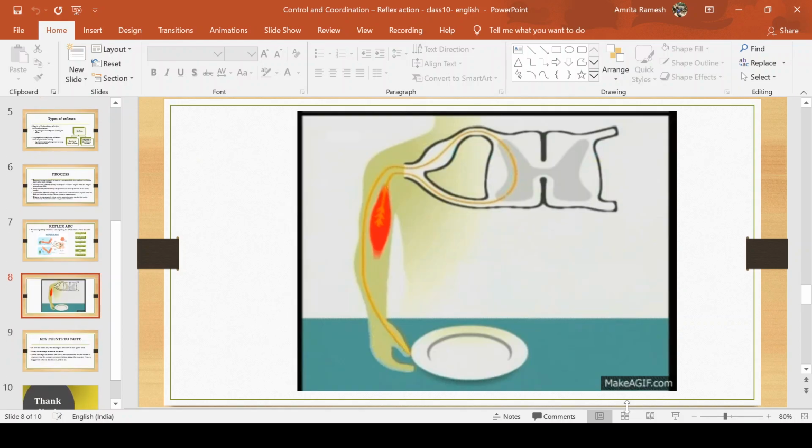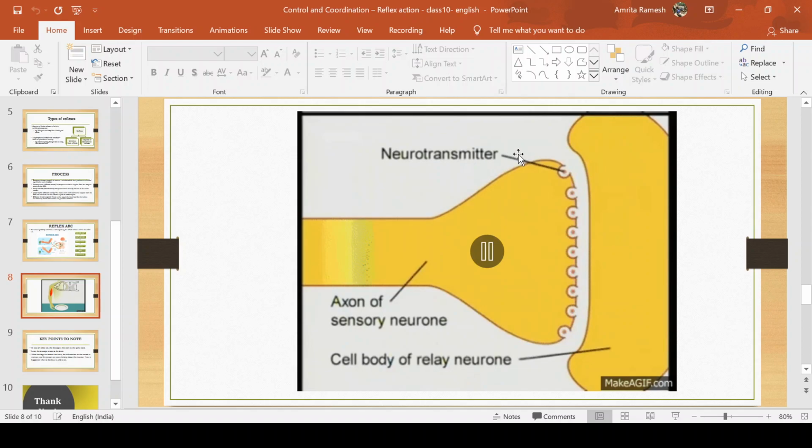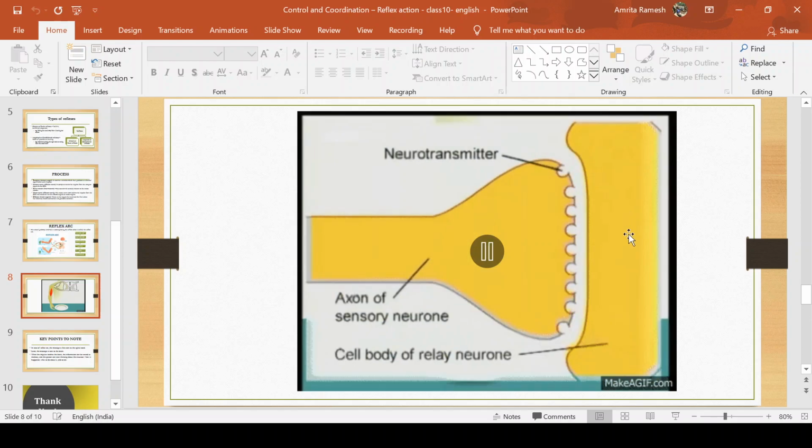Now you can see this GIF where you will clearly see what exactly is happening. When this hot object is touched by the hand, the message goes to the sensory neuron and then the relay neuron. This is the relay neuron. So the message is being passed to the relay neuron.